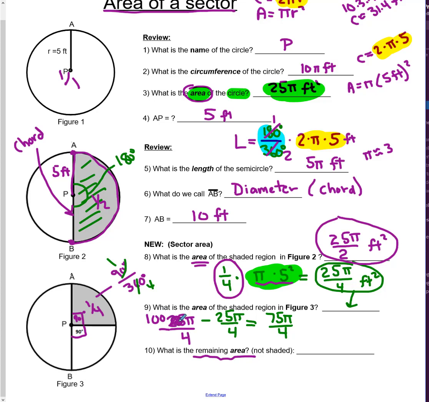Okay, so it's equal. So now I'm back to what I had before. I just made a common denominator here. And then I subtracted this one. So it's 100 pi minus 25 pi, 75 pi over 4. It's basically what's left, right?